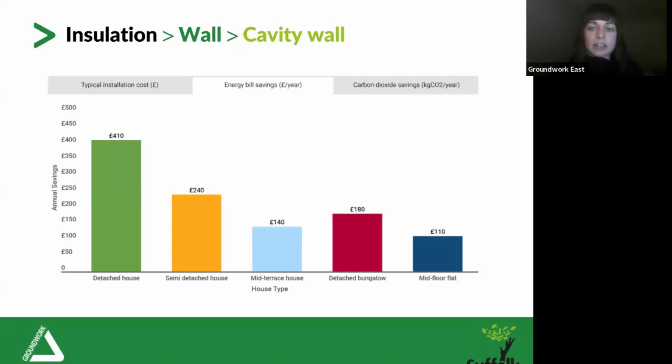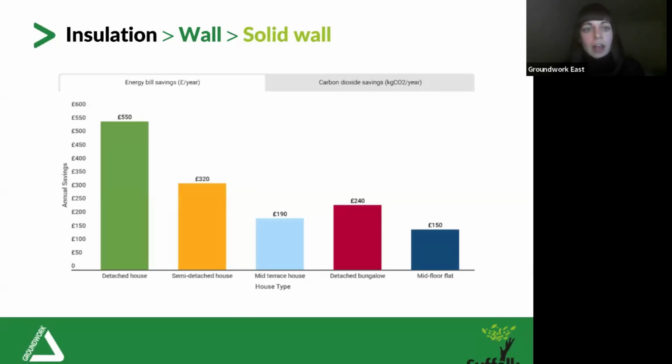It's again based on a gas average household. But again, like I said earlier, oil based houses can expect similar savings based on the cost conversions. Whereas if you look at a mid-terrace house, you're looking at more like £140 saving with cavity wall.